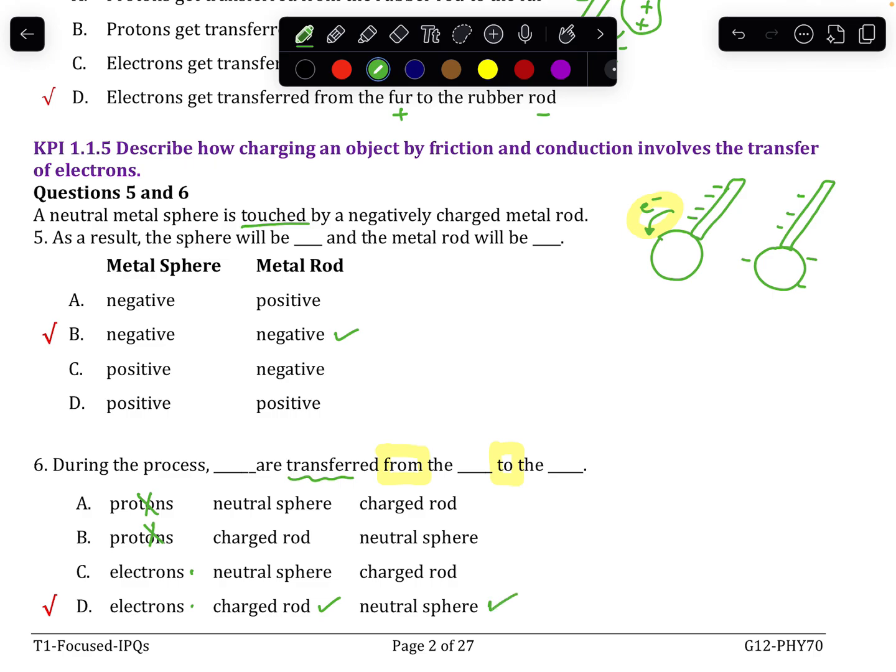Eventually the neutral sphere will become negative because when I charge by conduction, both objects will gain the same charge.